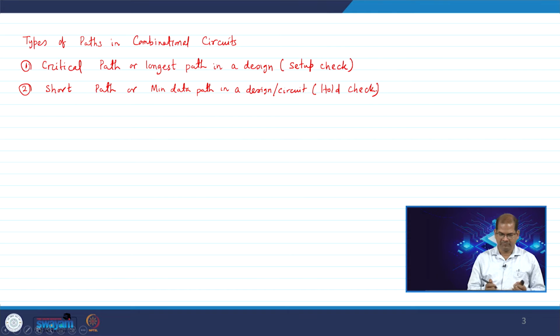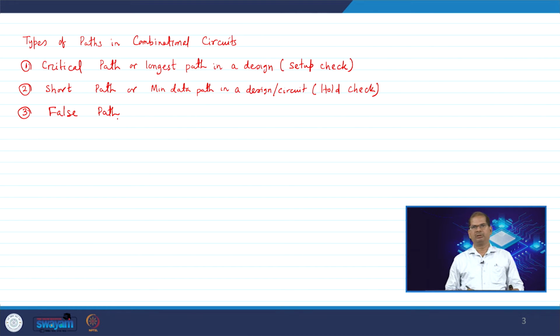Then the third type of path is called the false path. The false path is a path which will not be activated under any condition, but in timing analysis it will look like a critical path.